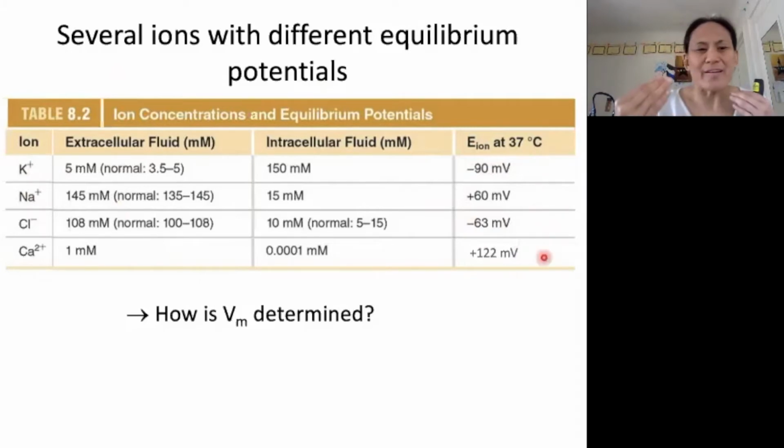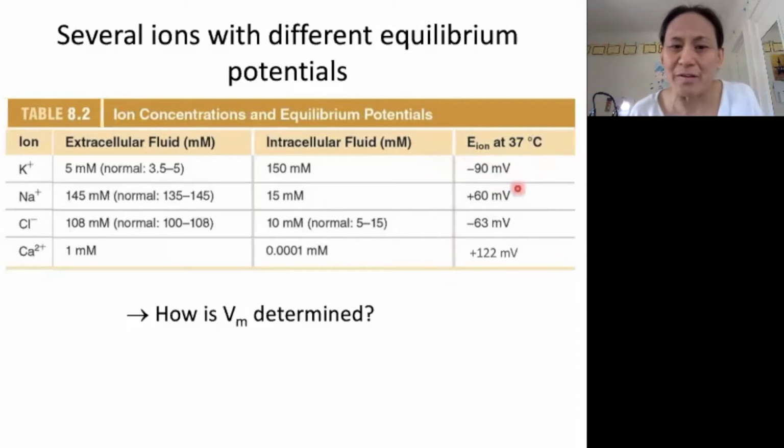So every ion is going to try to move in a different way. We have conflicts of interest here, okay? But we only have one membrane potential. So how do we determine what the membrane potential is, given that we have all these different equilibrium potentials for all these different ions? Which ion gets to basically win the competition, right? So is membrane potential going to be closer to the potassium equilibrium potential?